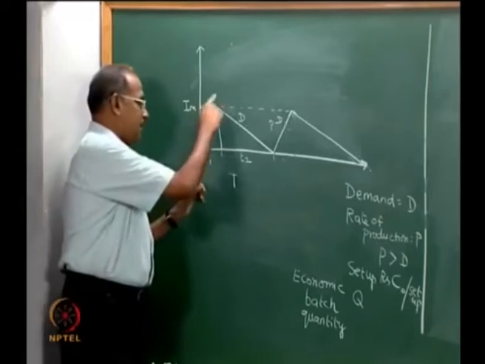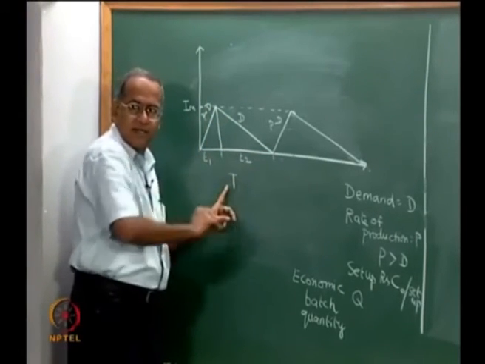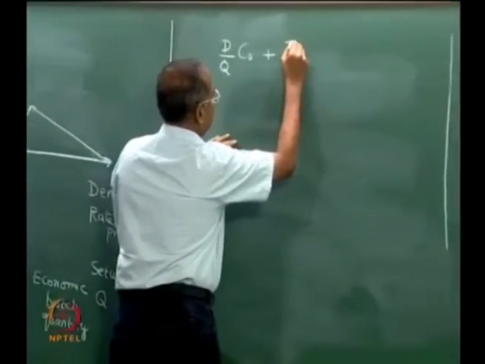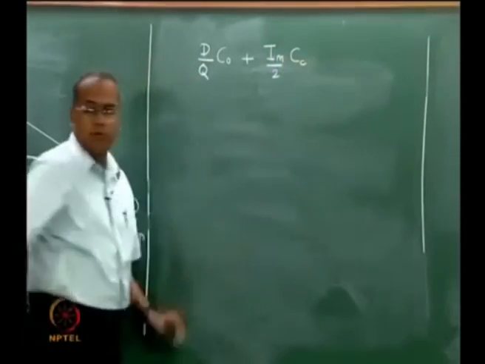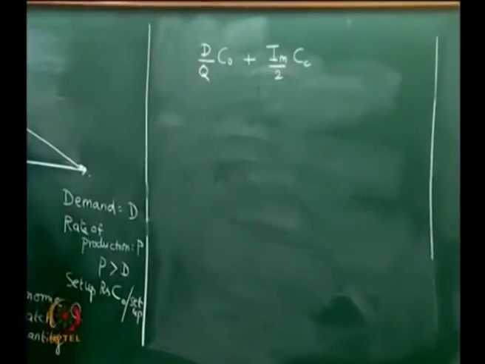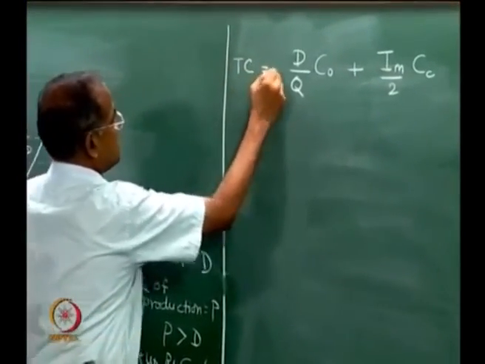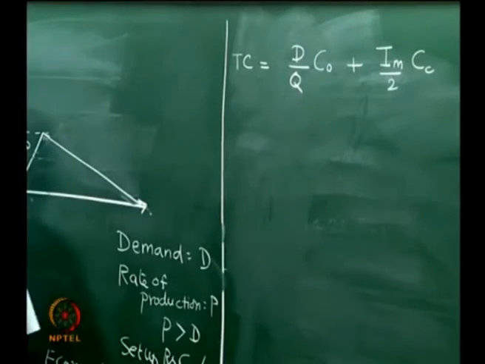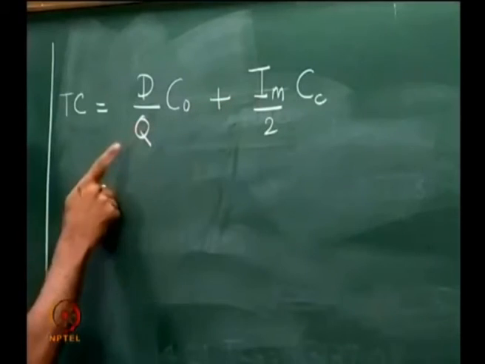So, the area of the triangle is half into IM into T, divided by T is the average. So, the average inventory will be IM by 2 and the inventory holding cost will be rupees Cc per unit per year. So, the total cost associated here is the sum of the setup costs as well as the inventory holding costs. Now, we need to write this IM as a function of Q.